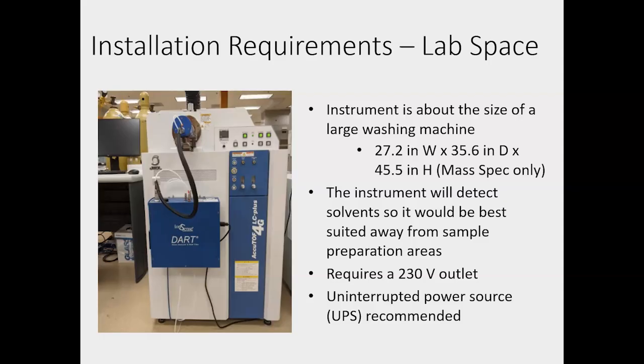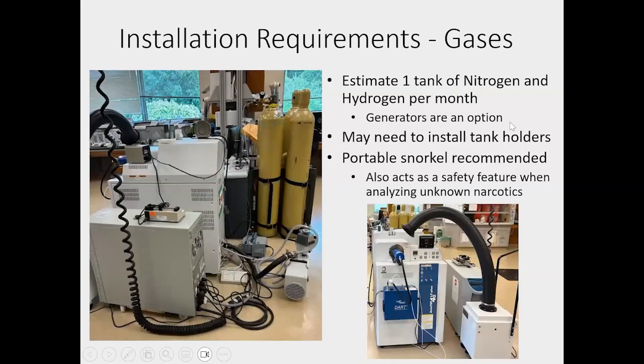And we also didn't have a 230-volt line in the middle of the laboratory, so we had to have an installation of the 230-volt line. And they did recommend that we had a UPS. So the next slide will show you all of the stuff that also is near the DART.